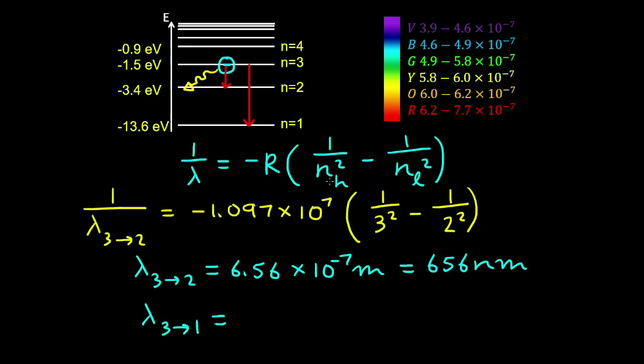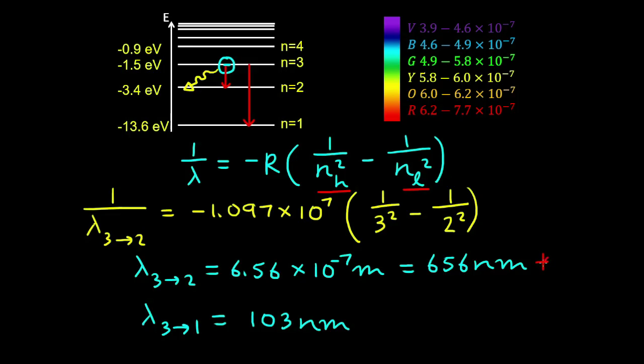So in that case, n_H is still equal to 3, but the lower energy level will be equal to 1. So that gives you a wavelength of 1.03 by 10 to the minus 7, or 103 nanometers.